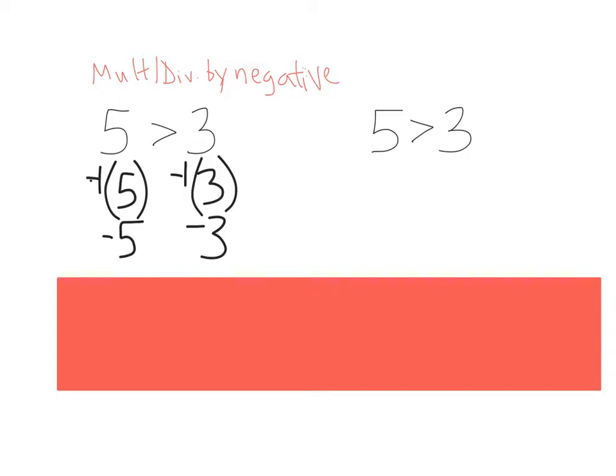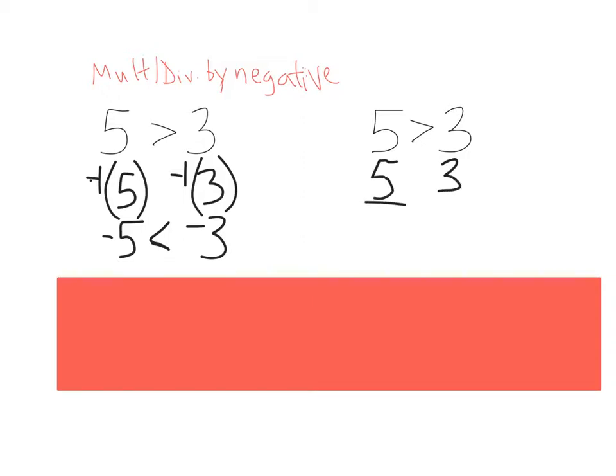How does -5 relate to -3? It's smaller by 2. So -5 is actually less than -3. Similar idea: over here we have our statement, 5 is greater than 3.